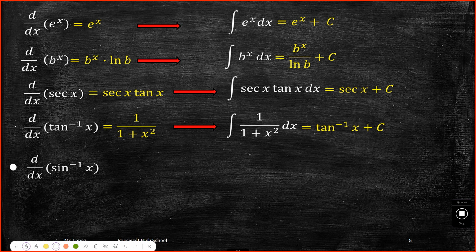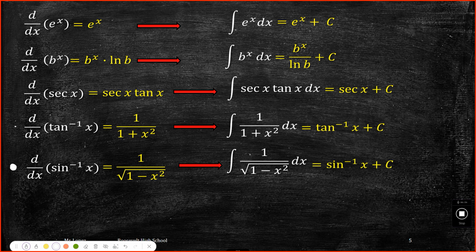What do you think? 1 over square root of 1 minus x squared? I don't know. Let's see. Sine inverse is positive: 1 over square root of 1 minus x squared. So the integral of 1 over square root of 1 minus x squared dx is going to be sine inverse of x plus c.